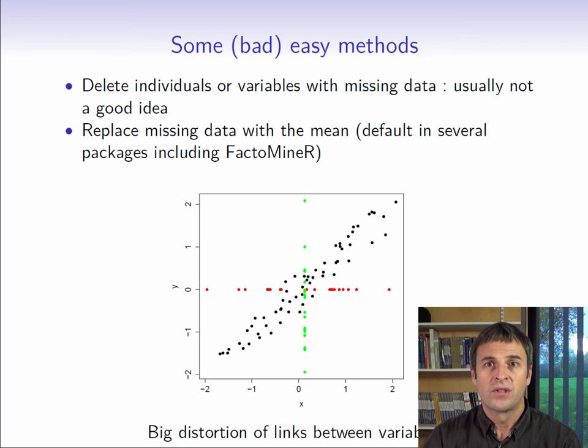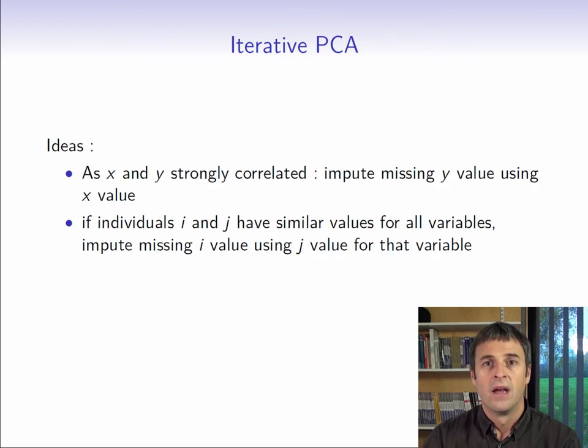Well, other more sophisticated methods exist, which take into account structure in the data and tend to work better in practice. Here, for example, as the variables x and y are strongly correlated, if a value of y is missing for a certain individual, it would seem natural to estimate it using the value of x for the same individual, via perhaps a simple linear regression.